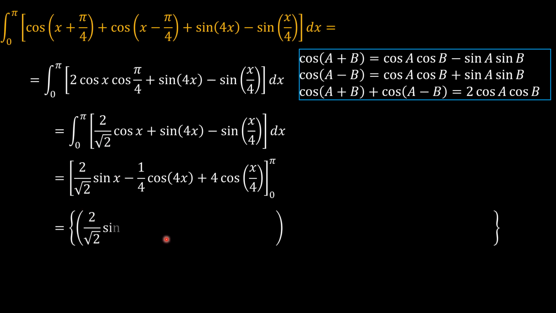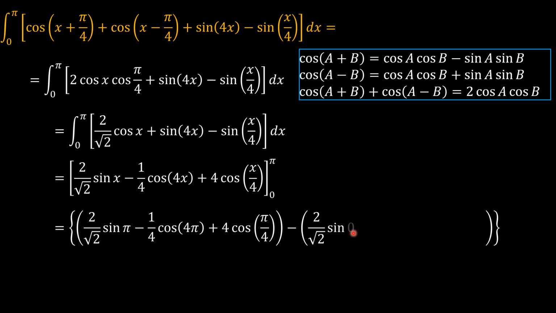But let's just do our due diligence. So we have 2 over root 2 sine pi minus a quarter cosine 4 pi plus 4 cosine pi over 4 for the upper limit, minus 2 over root 2 sine 0 minus a quarter cosine 0 plus 4 cosine 0. And as we say, these first terms fizzle out.